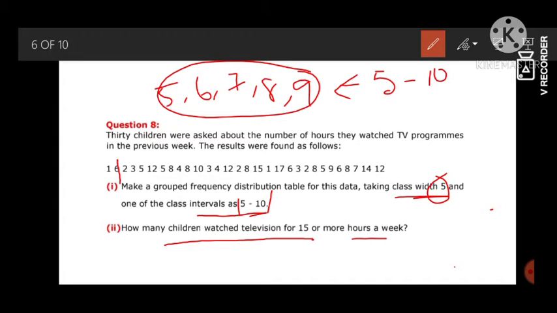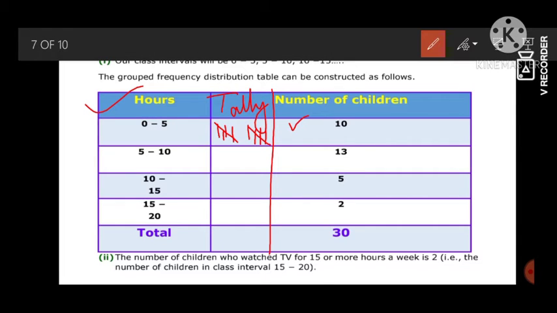So 1, 2, 3, 4, 5, 10 we will not consider, 6, 7, 8, 9, 10, 11, 12, 13. So there are 13 such numbers. So tally will be 1, 2, 3, 4, 1 diagonal, 1, 2, 3, 4, 1 diagonal. So 10 already done and 3 more. So the number of children is 13.